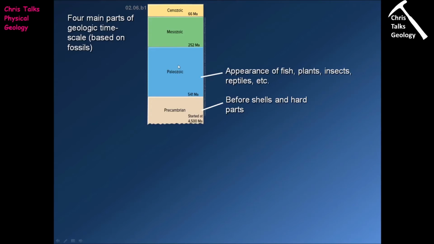So as we move from the Paleozoic to the Mesozoic, we're again going to see a very substantial change in life. We're going to see the appearance of groups like the dinosaurs, and we're also going to see the first appearance of flowering plants. That's the group which we call angiosperms. So we're going to see them beginning to put in their appearance during the Mesozoic.